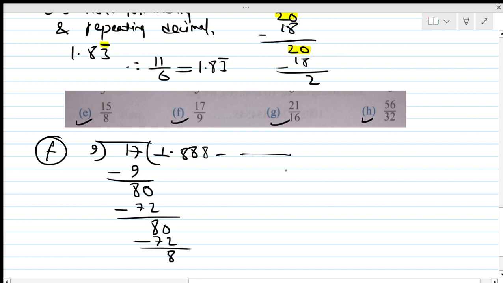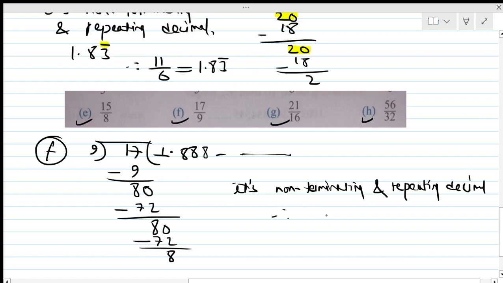So it's a non-terminating and repeating decimal. And for this you can write 17 by 9 equal to 1.888 repeated. Here 8 is repeated, so from the start of the first repeat, above it you keep the bar. Therefore 17 by 9 is 1.8 bar.